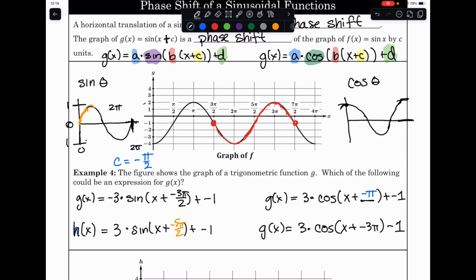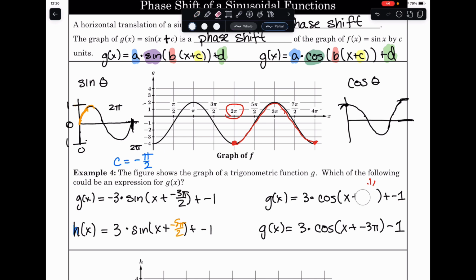And the same thing can be true about cosine. I look at cosine, and instead of starting at a cycle where I go at the max, go down and go back up, okay, like I did right here, and shift it pi units to its original location, then I can start down here, go up and go back down, and shift it to 2 pi units.